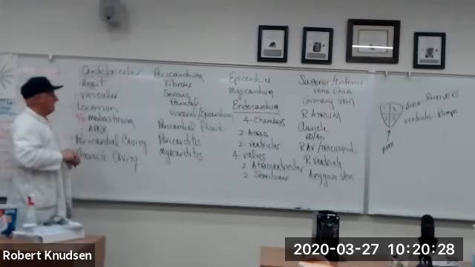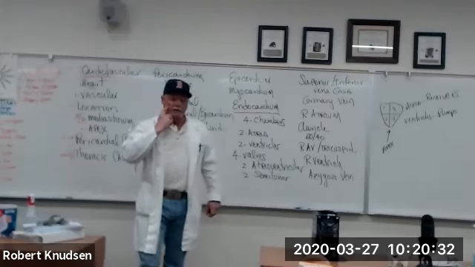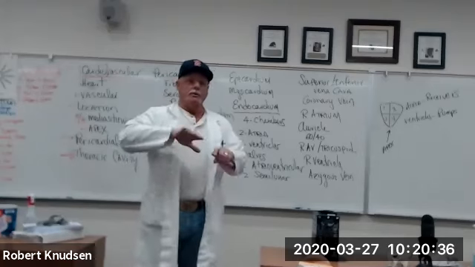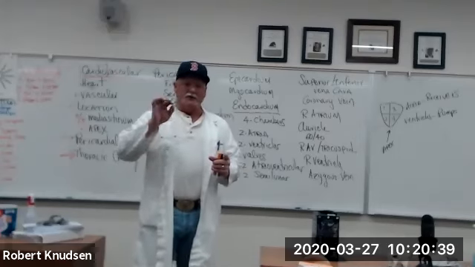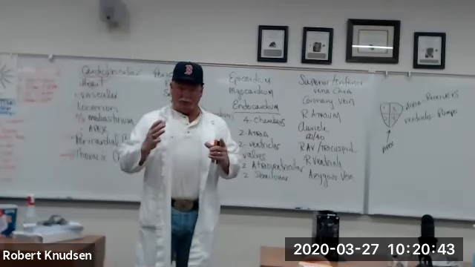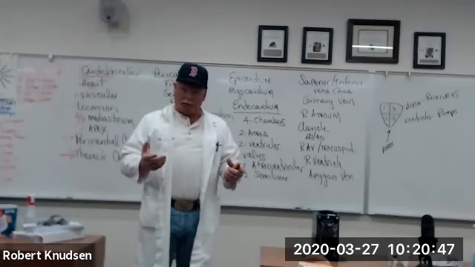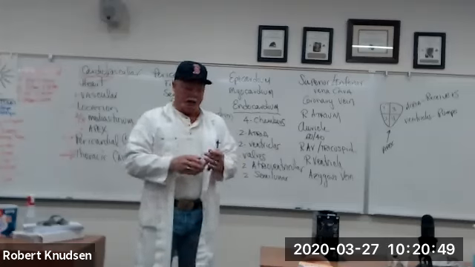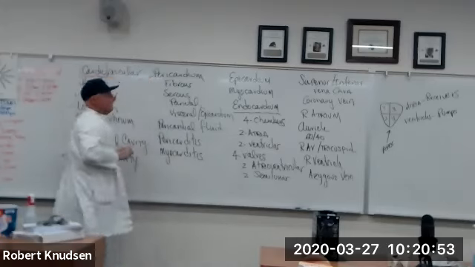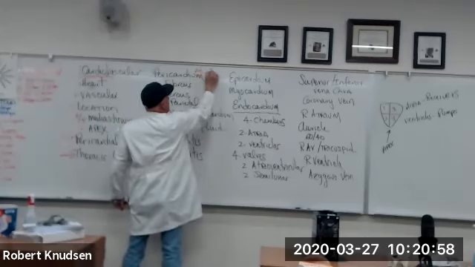Are we good? Okay, now we've talked about this before. We said if something is very important for your survival, we put a sac around it. If it's very, very important, we put bone around it also. The heart is obviously very important, so we put a sac around it, and the sac is called the pericardium or pericardial sac.